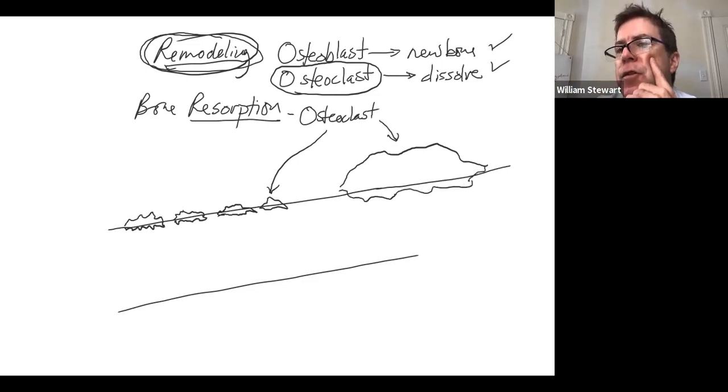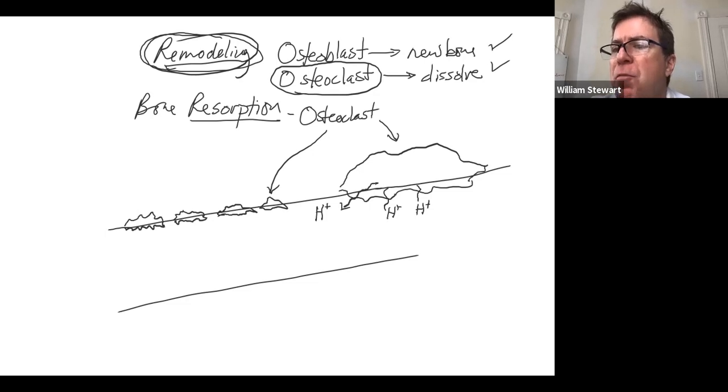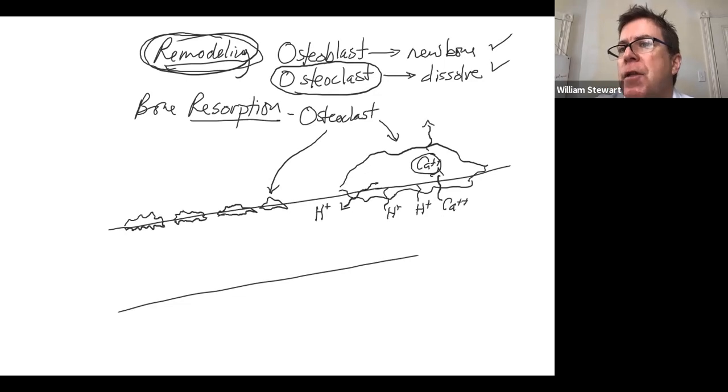These cells secrete acids. So I'm just going to draw secreting a proton, a hydrogen ion, which is just an acid. So this cell secretes acid onto the bone surface, dissolving that hard bone matrix. The minerals and other things that get dissolved enter the cell. So I'm going to draw calcium going in. It gets packaged in here, and then it gets released on the other side into the, it's called interstitial fluid.